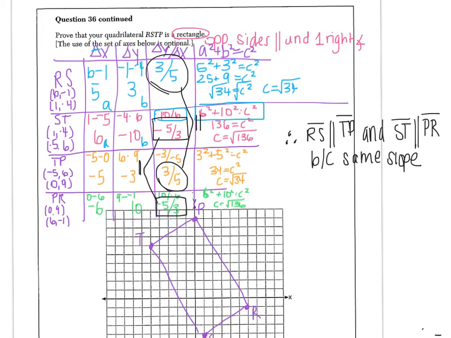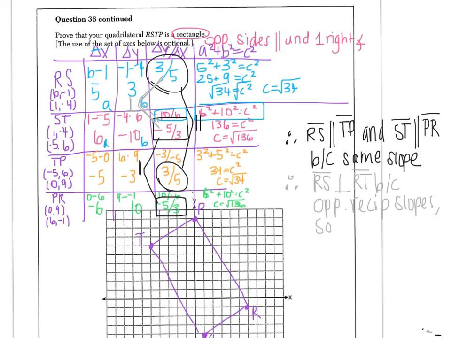But just like we recognized the last time with the right angle before, between RS and ST, I notice that I have opposite reciprocal slopes, which tells me that RS is perpendicular to RT. Therefore, RS is perpendicular to RT because this time it's not same slope, but it's opposite reciprocal slopes.